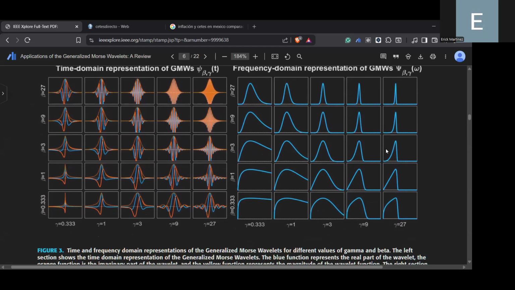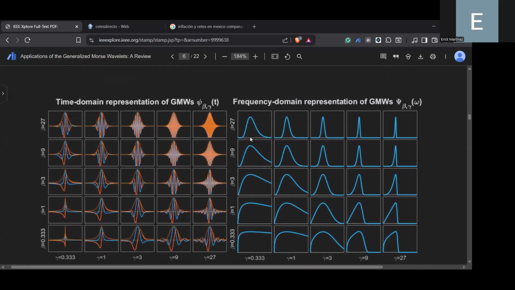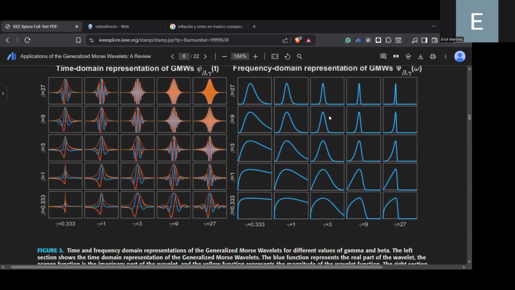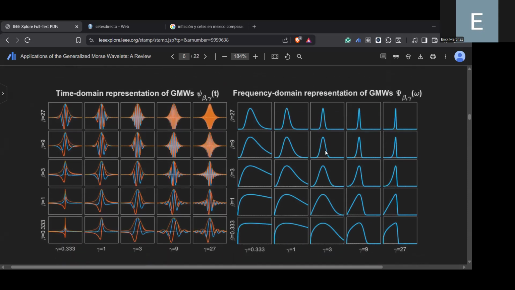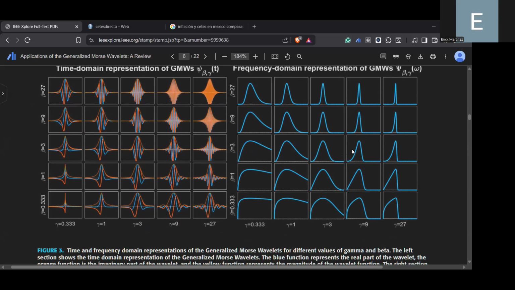Also, in this other graph, this is the time domain visualization of the wavelets for different pair values of beta and gamma. And this is the frequency domain representation of the same wavelets, or the same parametrization. Here you can see that depending on the value of gamma, you will have a very skewed behavior in the frequency domain representation of the wavelet.